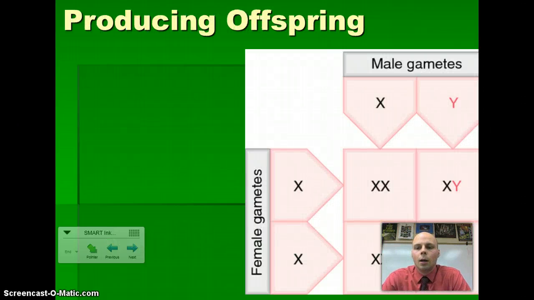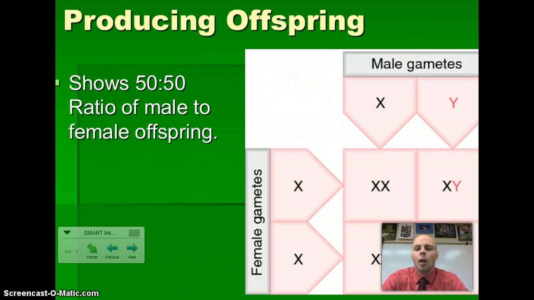All right, the way that offspring are actually created: we know during meiosis, the 4 daughter cells are created, the sperm or the egg. And so this shows us how we determine whether an offspring is going to be male or female. The female only has the ability to pass on an X chromosome. So all of these will have at least one X, which is why everybody has an X chromosome.